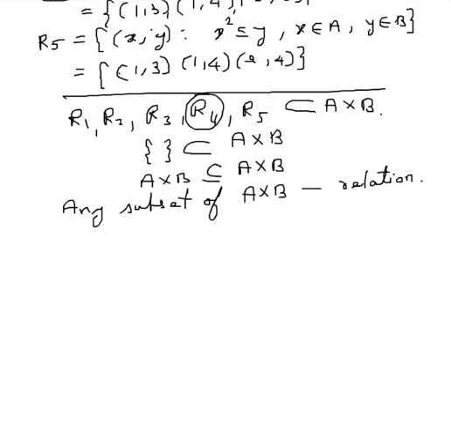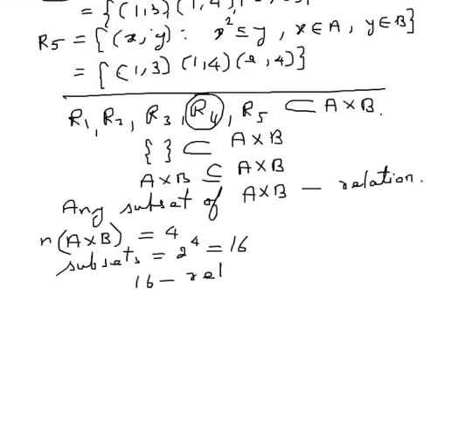Now this A cross B which we wrote has 4 elements. So how many subsets we can write? We know the formula 2 power 4. 16 subsets we can write. So we can define 16 relations on this A cross B. So each subset is called a relation.